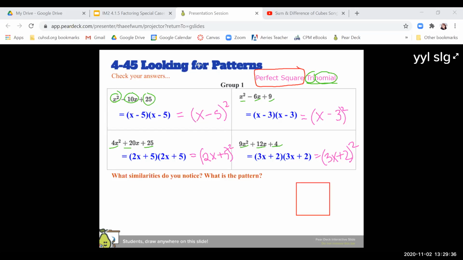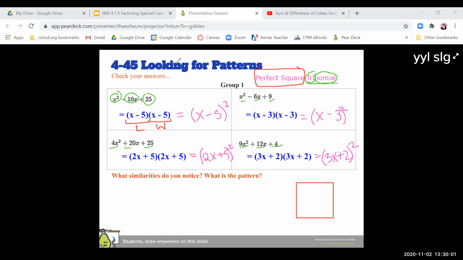The area of the rectangle as a sum is the three terms in your trinomial. But the area of a rectangle as a product is the two factors. So in x minus 5 times x minus 5, one of these represents the length and one represents the width of a rectangle.